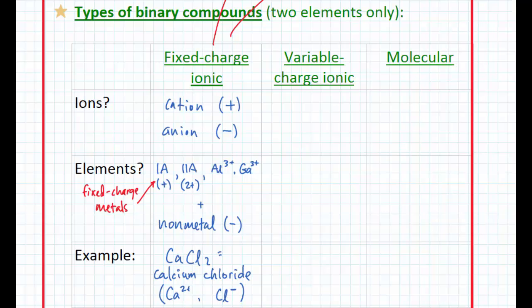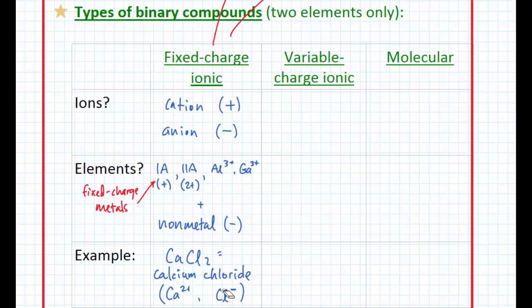We need 2 of these chloride ions in order for the compound to be neutral, right? In order for all the pluses and the minuses to equal each other out. Okay? So I need a 1 to 2 ratio. We sort of switch those charges around to figure out what ratio of those ions we need to make a neutral grouping of ions, something that has no charge overall.